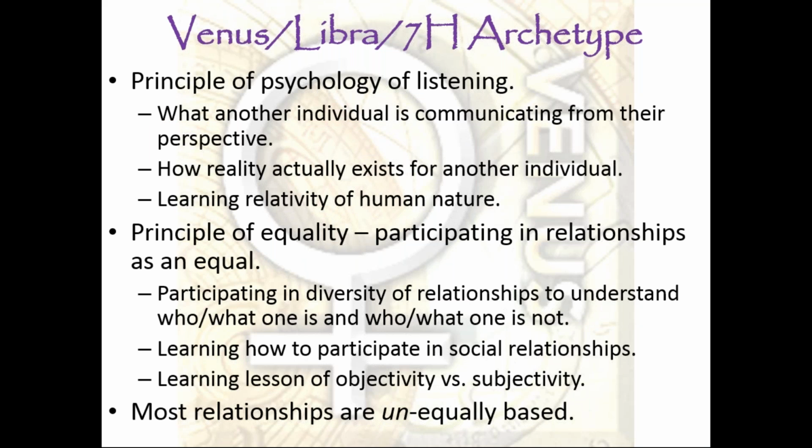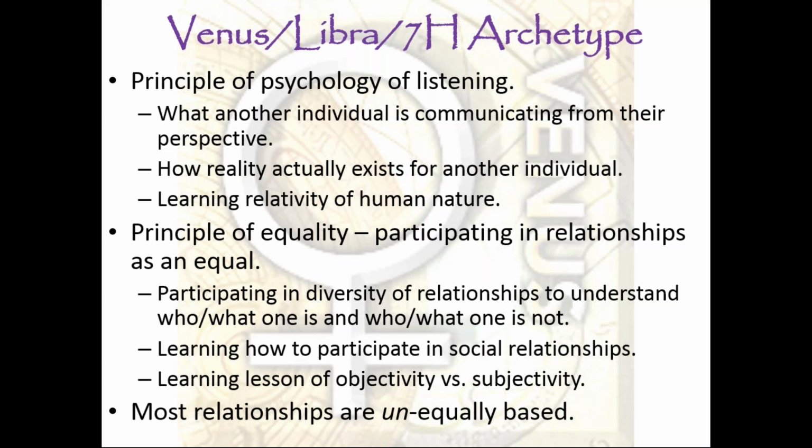The Libra seventh house side of Venus is the principle of the psychology of listening. What another individual is communicating to us from their perspective. And that works both ways.